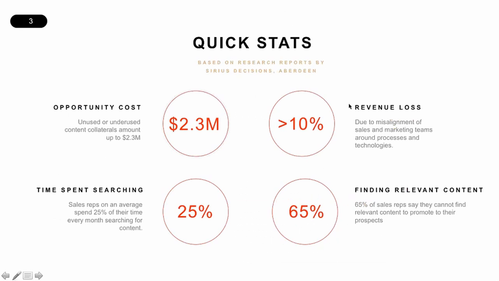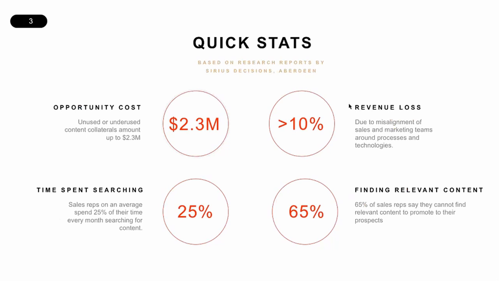So, a little bit of quick stats around what's the true opportunity cost, or what are the set of metrics that are causing some of these problems. For example, in terms of time spent searching, sales reps spend on average about 25% of their time every month searching for collateral.